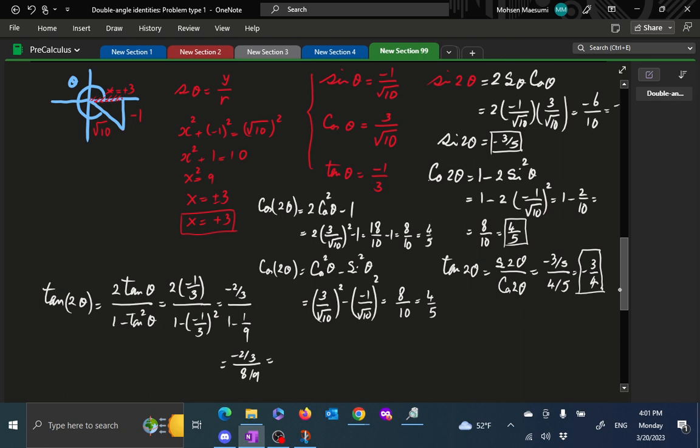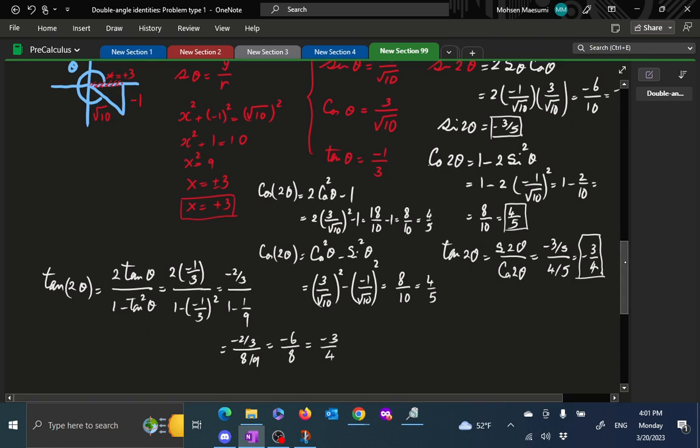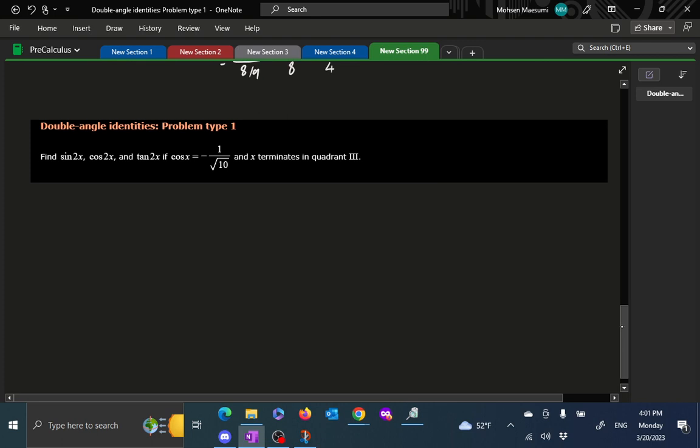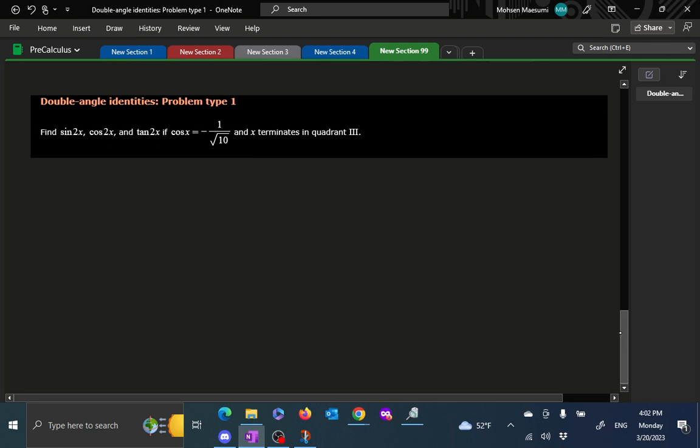Multiply numerator and denominator by 9, you get minus 6/8, which is minus 3/4. So this answer is the same as the one you got here, and we got that one a bit faster. So it is essentially the same story being repeated over and over again.